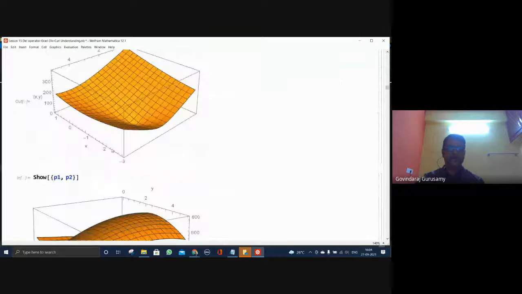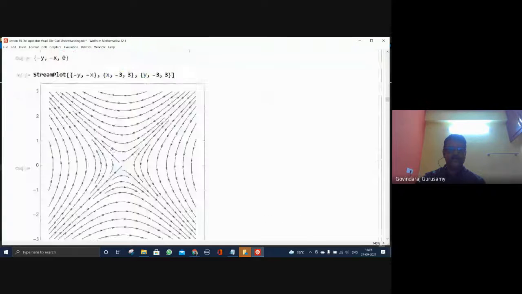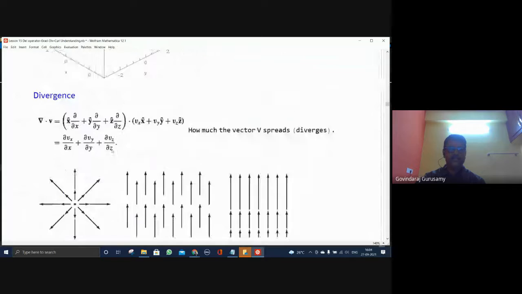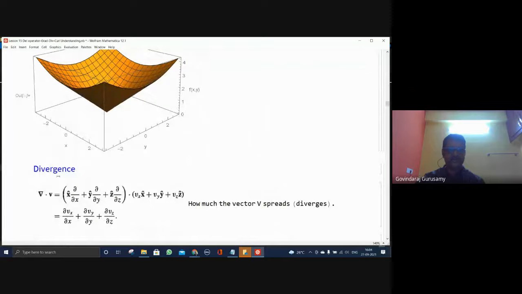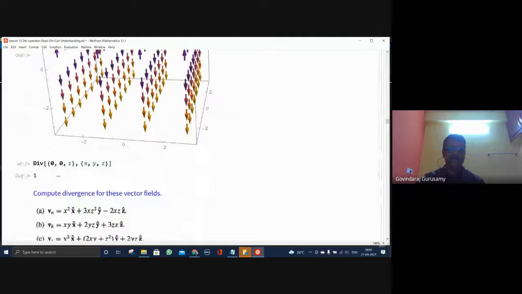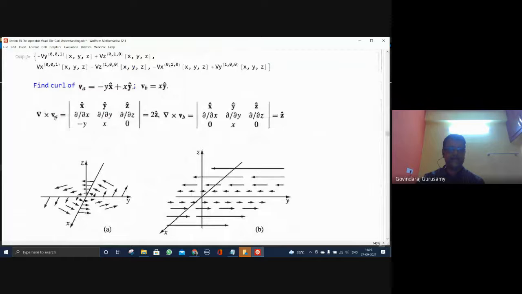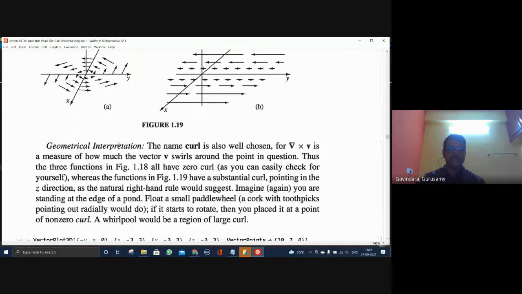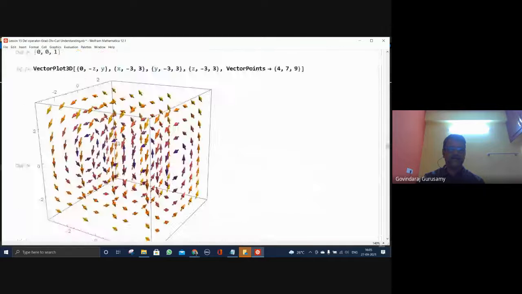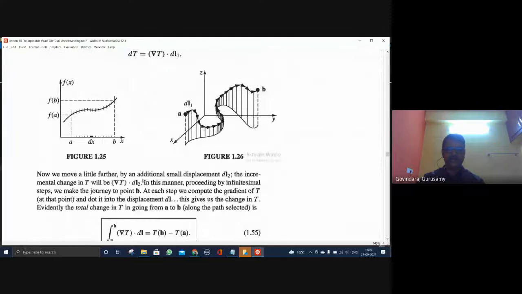For example, here we are going to have these very famous things, divergence, very important for us to understand, and we have the curl of that. Divergence and curl. And then you have the fundamental theorem of gradient, and how that is used to find the integrals which we are struggling with now.